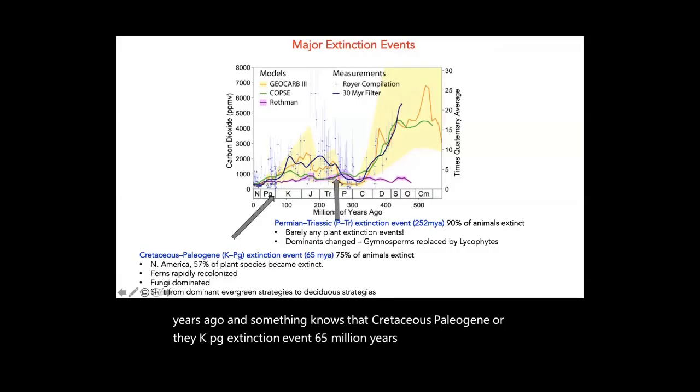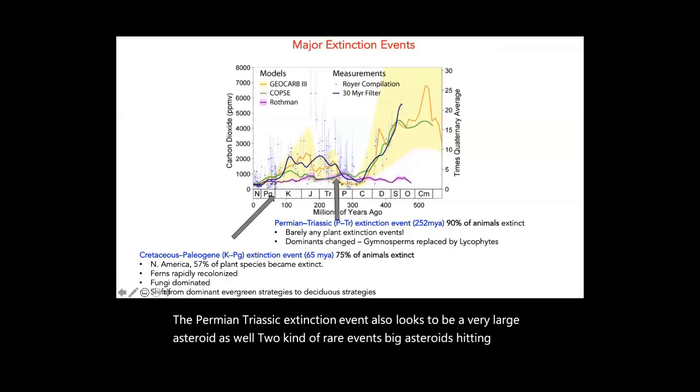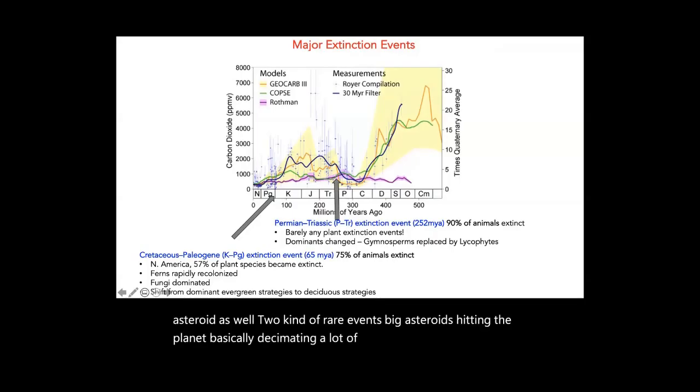So this K-Pg event 65 million years ago, this is the asteroid that took out the dinosaurs. The Permian-Triassic extinction event also looks to be a very large asteroid as well. Two rare events, big asteroids hitting the planet, basically decimating a lot of life. The Permian-Triassic one was pretty devastating. About 90% of animals that were around went extinct.